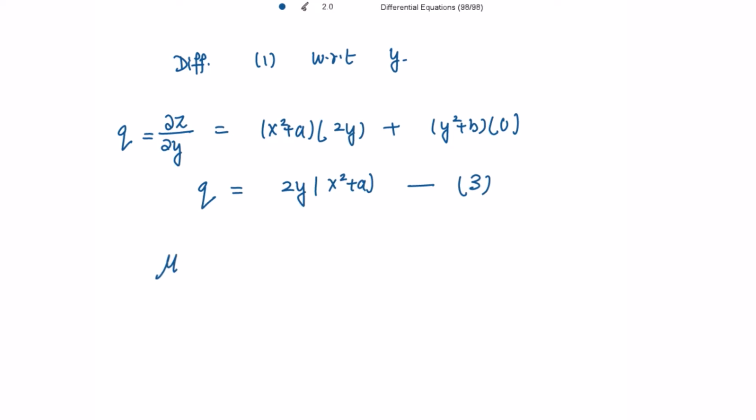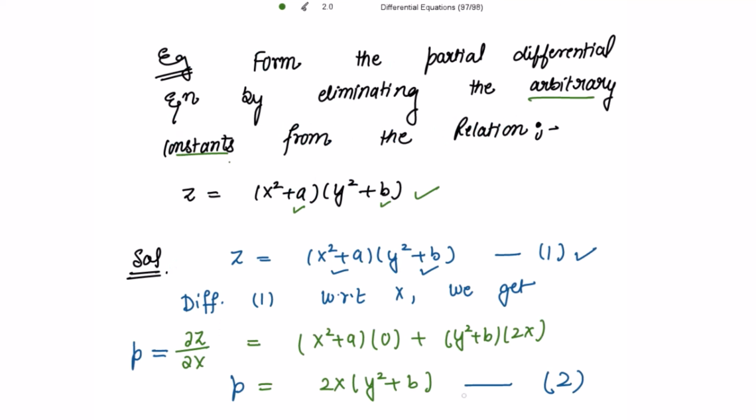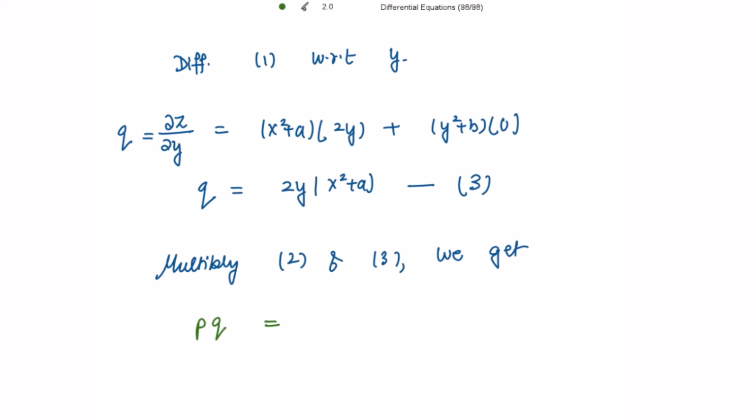So if I multiply the second equation with the third equation, we get on the left hand side the product pq equals, on the right hand side of 2 we have 2x into (y square plus b), and from 3 on the right hand side we have 2y into (x square plus a).